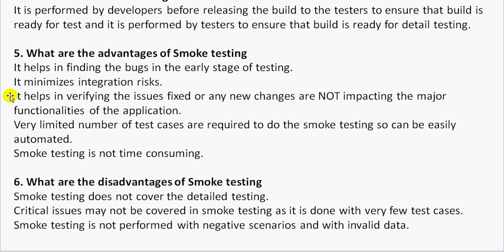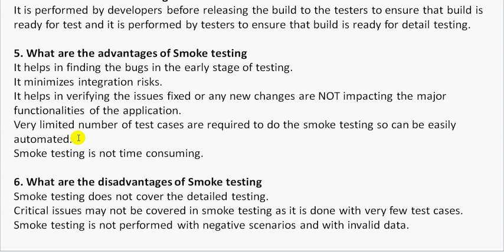Smoke testing helps in verifying that the issues fixed or any new changes are not impacting the major functionalities of the application. Since we are using a very limited number of test cases, smoke testing can be easily automated. Depending on how your company works, there can be a build every day, or new builds may be released once or twice a week.